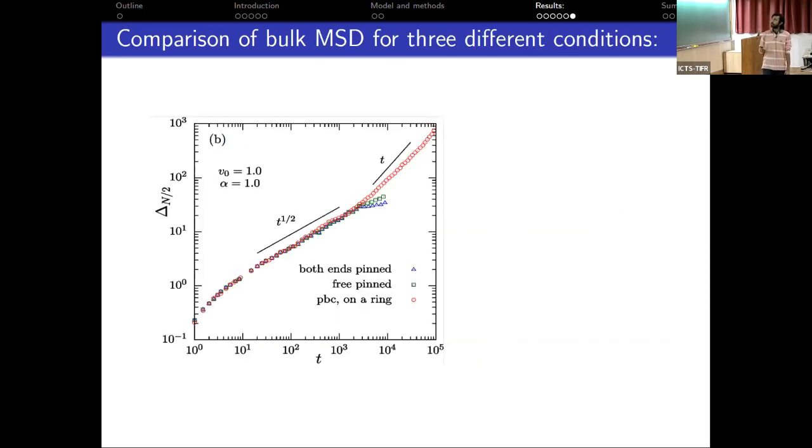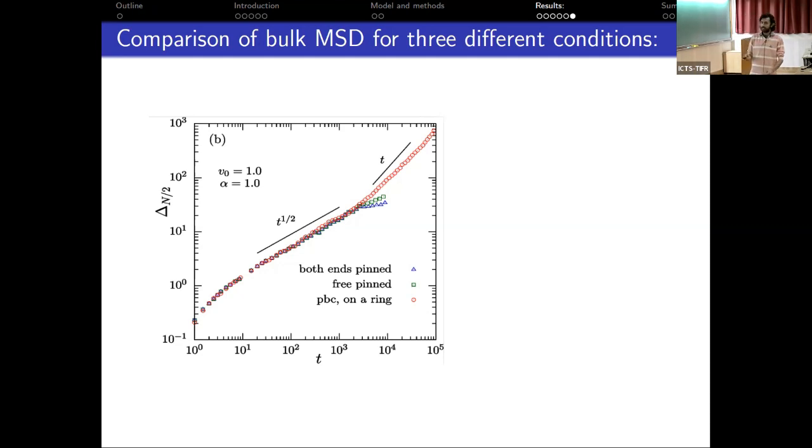Now, this is just a comparison plot for the bulk MSD when we consider 3 different conditions. When both ends are pinned, we can see the data goes to the steady state much earlier than in the case when one end is free and the other end is pinned. But when we consider the particles on a ring, it doesn't go to the steady state.